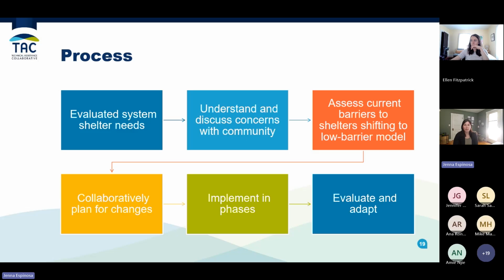Or maybe your community found that we have a lot of different types of shelter, but we need one to really adjust to this low barrier model because we don't have that in the community. When there's a lot of change that would need to be made to align with a low barrier shelter model, doing it in phases can be really helpful. And then evaluating those changes as you go and adapting as you go.